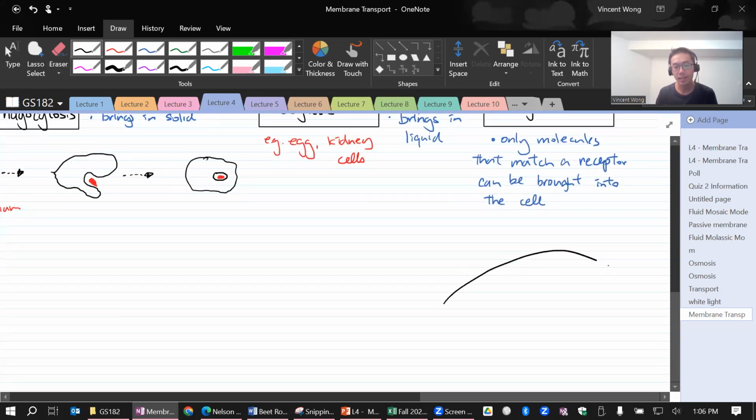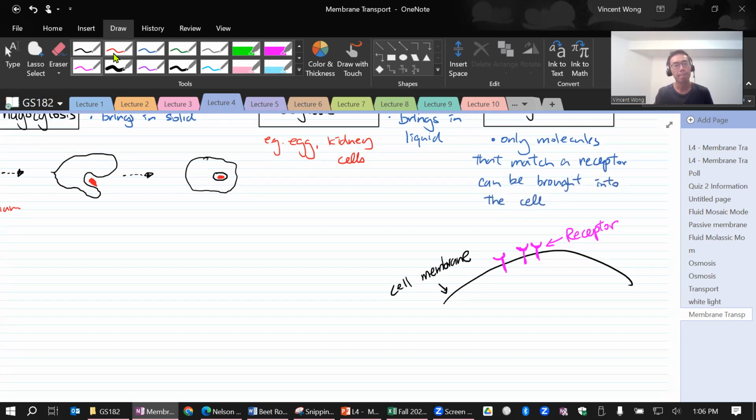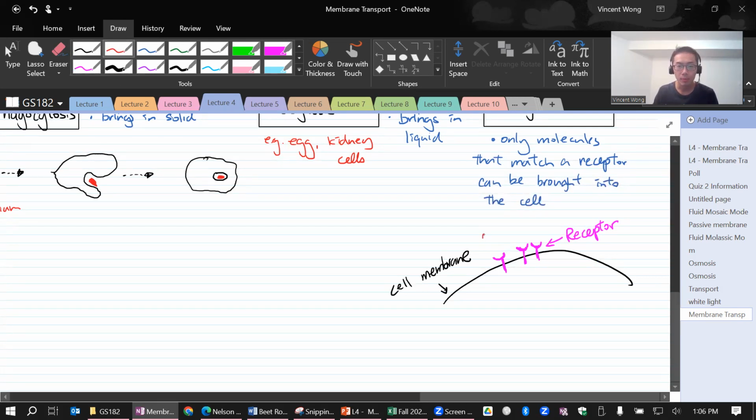Okay, so let's say this is the cell membrane again. And on the membrane, we have some special receptors. Okay. So you might have some red circles. Okay, you might have some blue triangles.